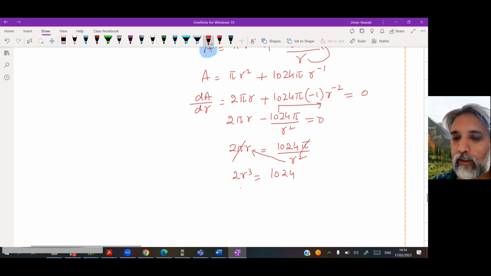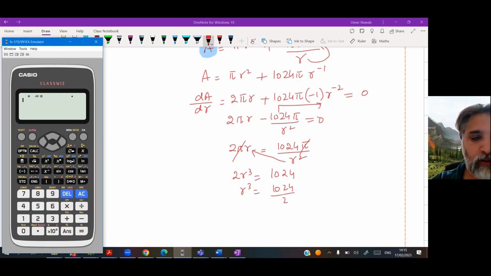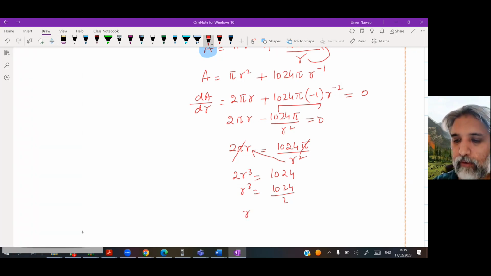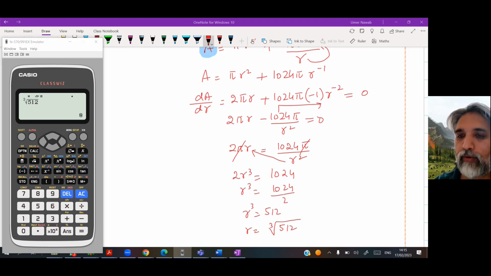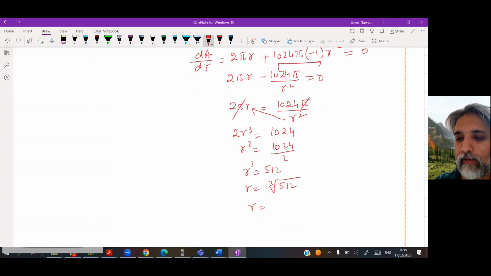Now send the 2 to the other side. 1024 divided by 2 gives me 512. Take the cube root of 512. The cube root of 512 is 8. Wow. So the radius is 8.